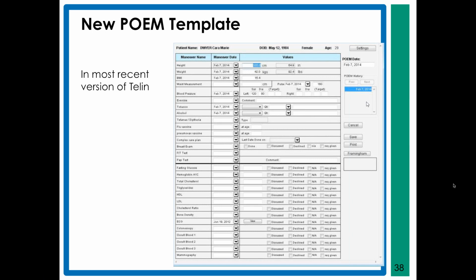So if it's looking in a larger database, and since the POEM has increased in the number of maneuvers that it's looking for, it's taking time to search for that. So at this point, I am not aware of a way to overcome that, but if anybody does, they can report back to us and maybe we can inquire with the provider to see if they have any solutions. I have not heard of one at this point yet.